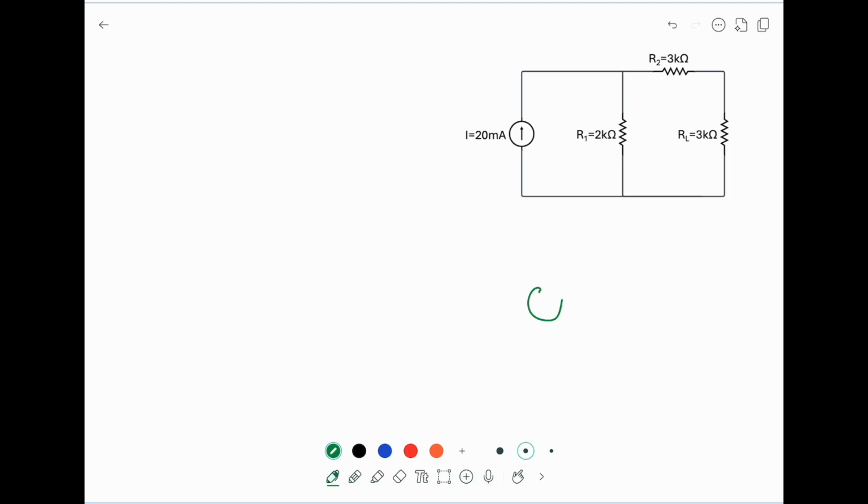So this is the current source, and we call this the Norton current source. And similar to the Thevenin equivalent circuit, we need to find the Norton equivalent resistance. So this is Rn, and we connect these two in parallel.